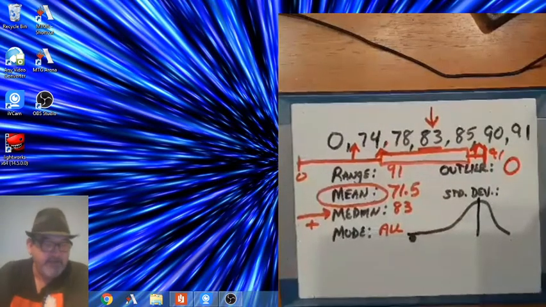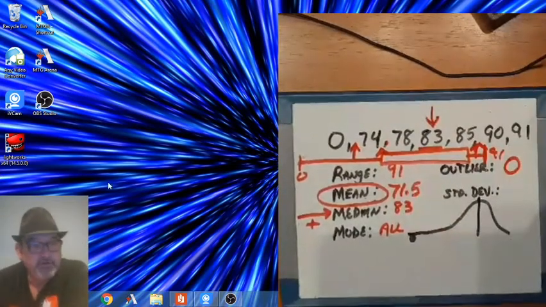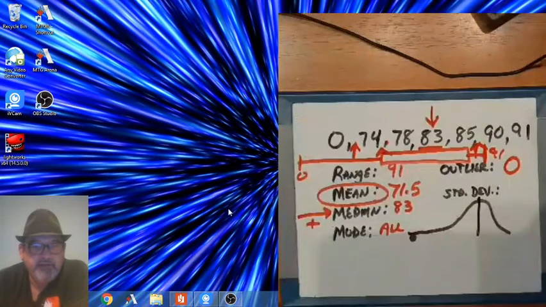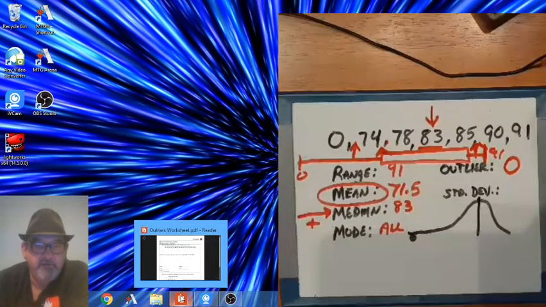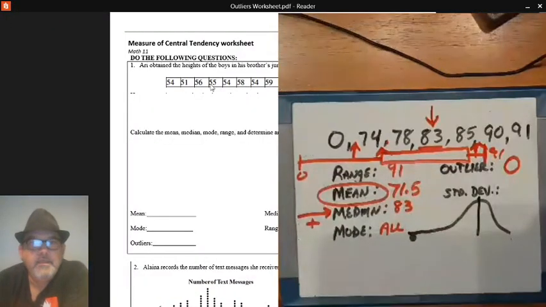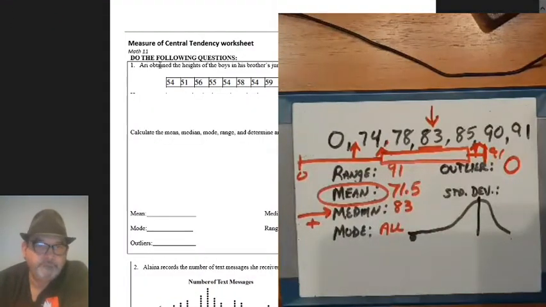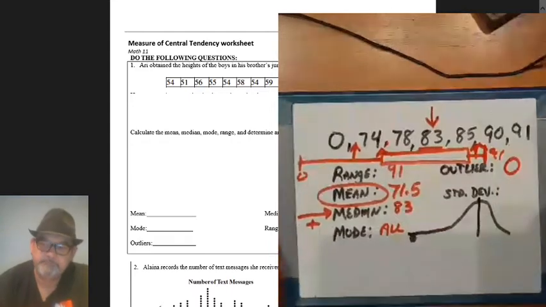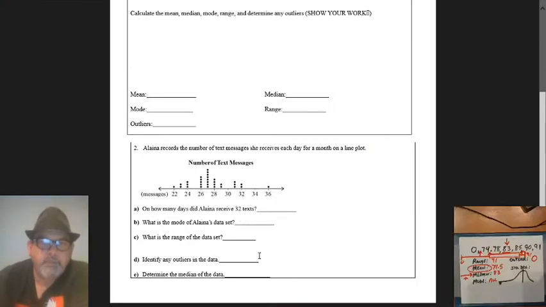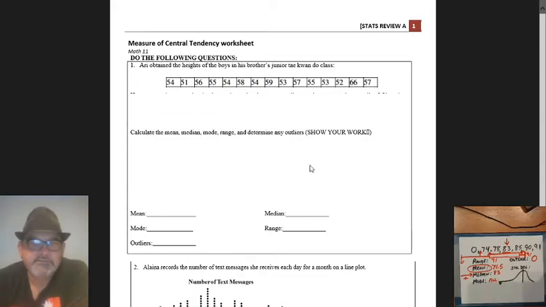I'm going to give you guys a small worksheet to do. Remember, I try to give you 2 a week, so we'll get one out of the way here early. I'm going to post it on the classroom. And it looks like this. Let me fix the window. Hang on one second. All right, there we go. So you got 2 problems on here.